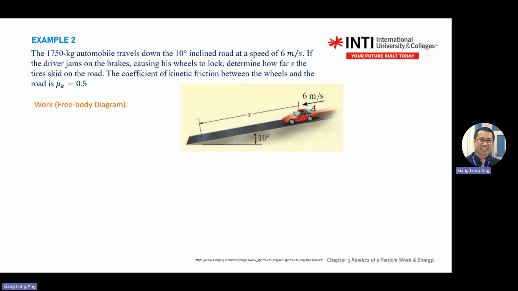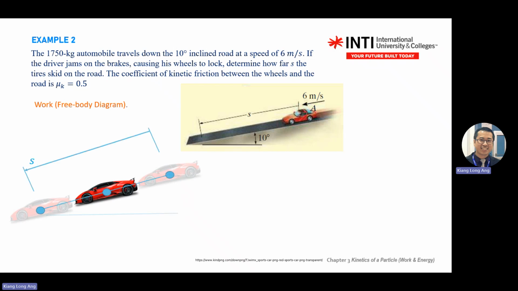Okay. So you draw the free body diagram. So you know the S traveled. This is from when they jam the brake. That is from the stop, right? So when jamming the brakes, it asks you to find how far it can skid on the road. It means you know your final velocity, right? 0. So here you know your final velocity. You don't know your early velocity, right?